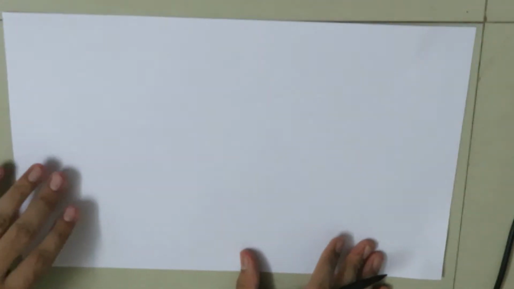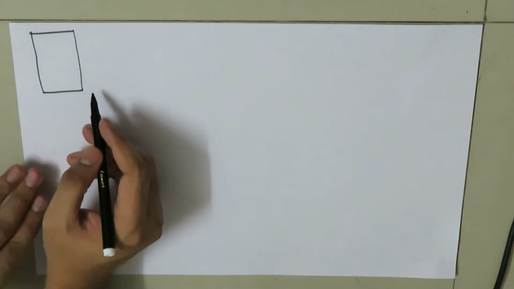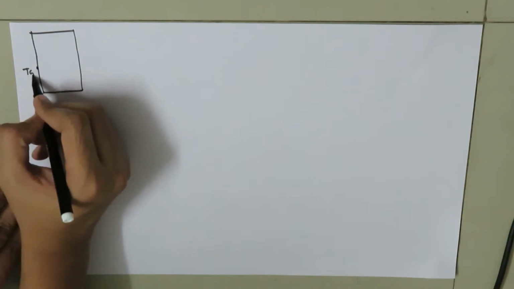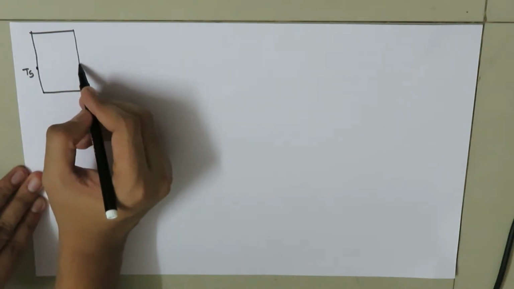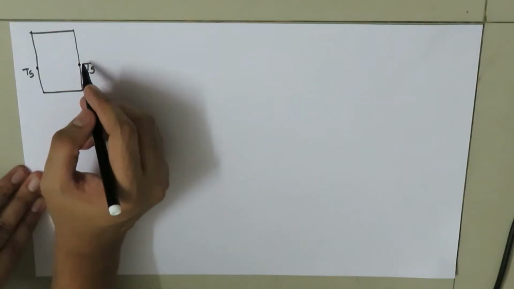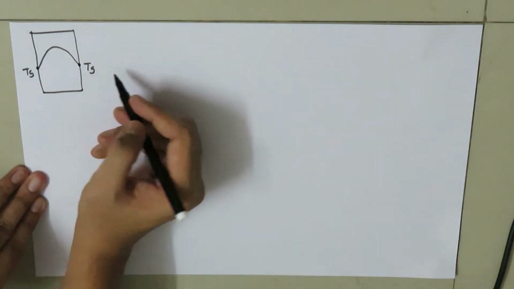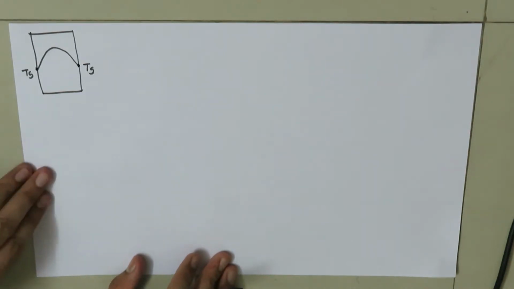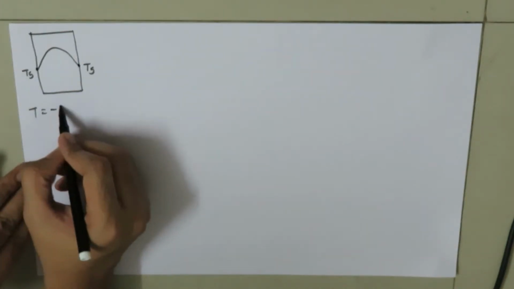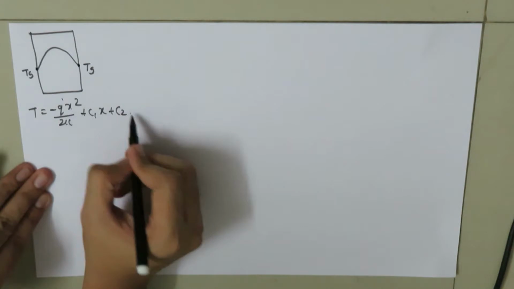That means when the slab is maintained at equal temperature, let's suppose that on the left hand side the temperature is Ts, and as we are maintaining the slab at equal temperature, the temperature at the right hand side will also be equal to Ts. And now we know that the nature is parabolic, so this will be the nature of the temperature distribution. We came up with the equation T is equal to negative q dot x squared by 2k plus c1 times x plus c2.